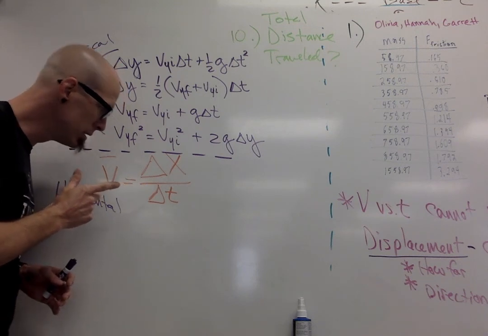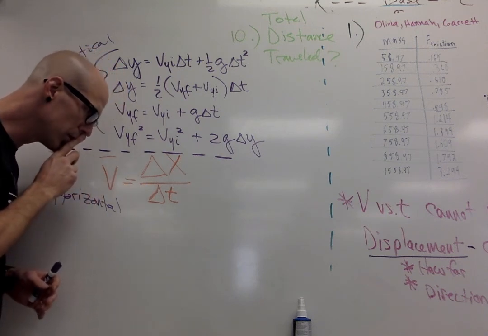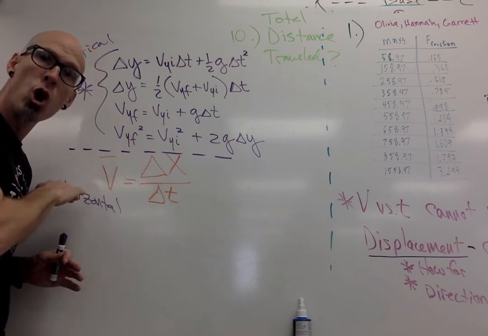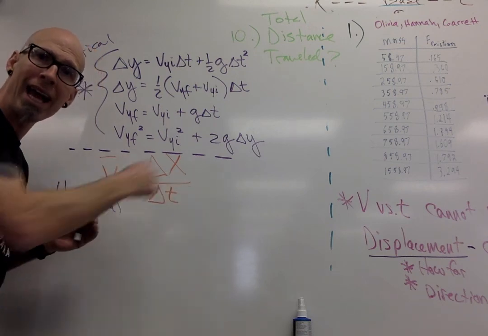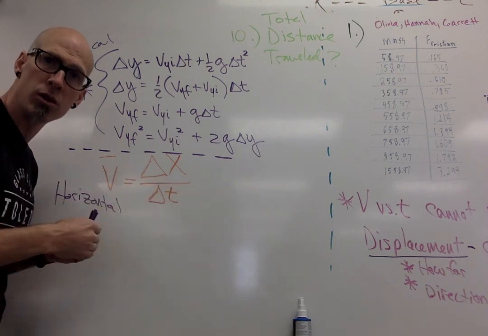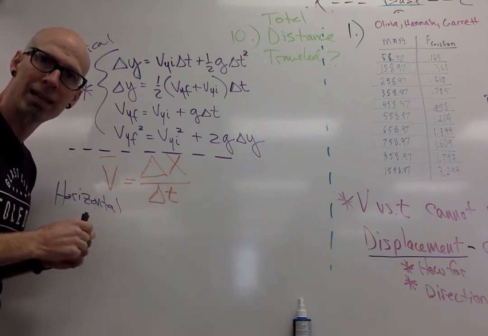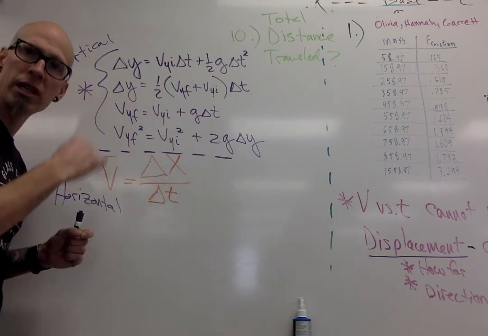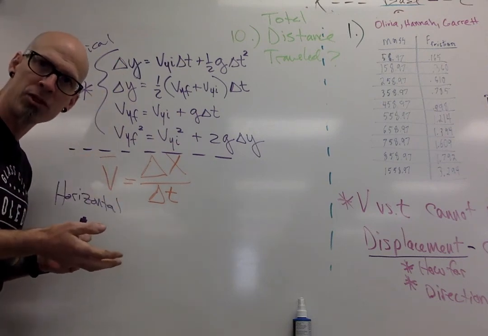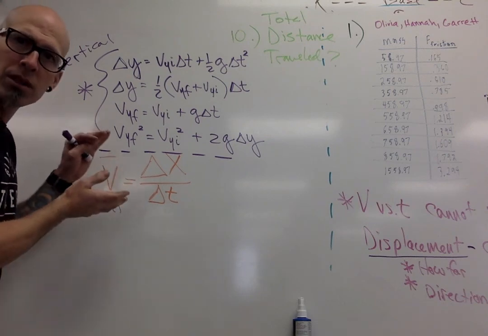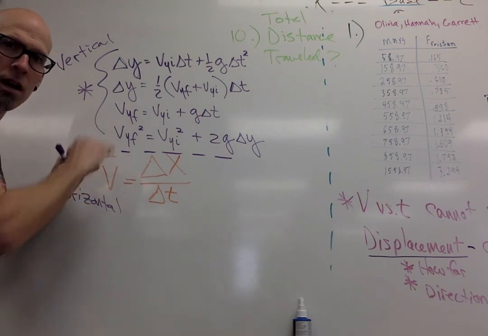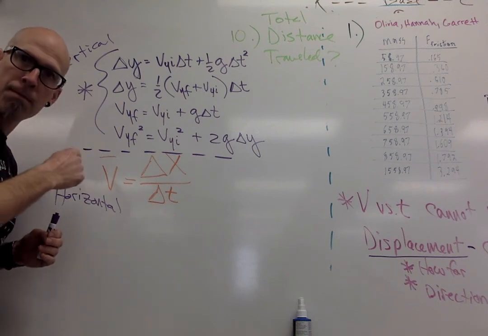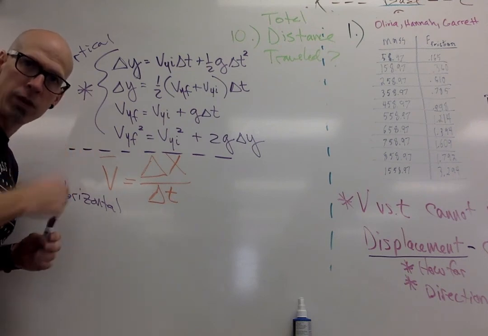And what else was there? The delta x, the change in position horizontally, where it lands horizontally away from where it was released, is different than where it is vertically from release point to landing point. So again, you're going to have two completely different changes in position, a vertical change in position and a horizontal change in position based on the situation.